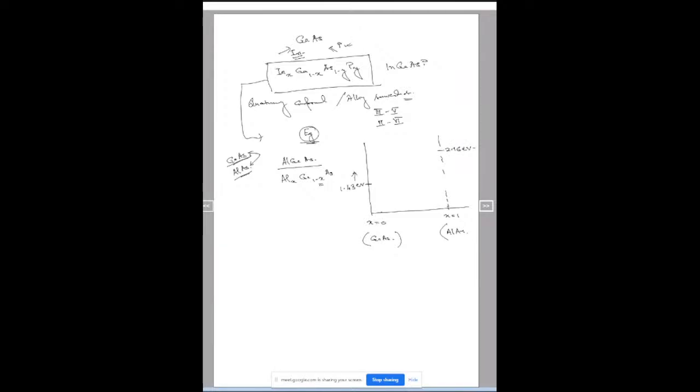Now when I change the value of X, my material is aluminium X, gallium 1 minus X, arsenide. As you change the value of X, you'll find that the band gap of this resultant material changes in some fashion. That can be measured experimentally, generally not in a linear manner but in a non-linear fashion. If my X value is 0.3, then I can find out the corresponding band gap from this plot.